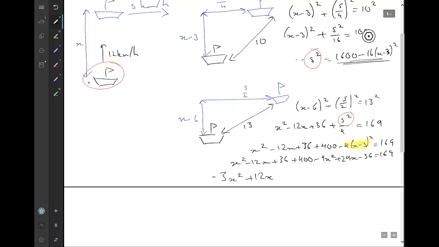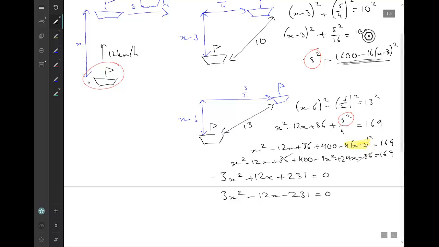And the numbers alone, we get plus 36 minus 36, so 400 take away 169, so plus 231. Okay, so that equals 0. If we rearrange, we get 3x squared minus 12x minus 231 equals 0.